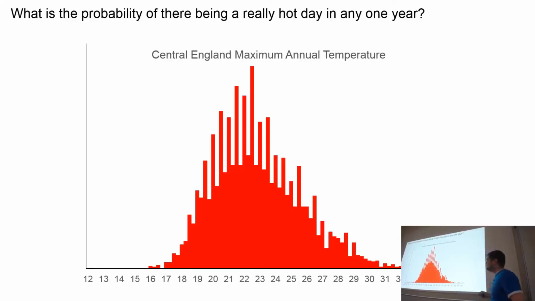Sometimes the warmest day of the year is really cold, 17 degrees C. Sometimes it's really hot. Usually the warmest day of the year is somewhere around 23 degrees Celsius in central England, but sometimes you get a really hot one, and this is the thing that does the damage.